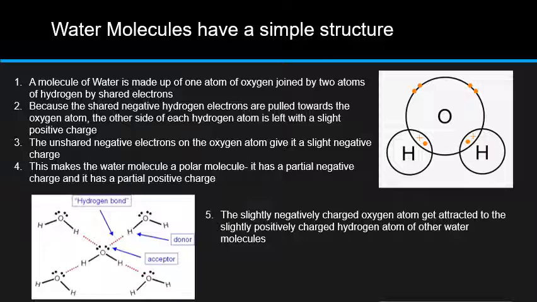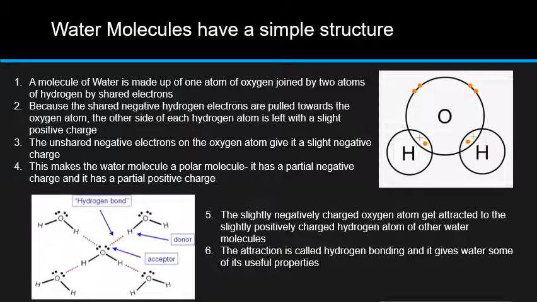The negative charge of the oxygen atom gets attracted to the partial positive charge of the hydrogen atom, and this bonding between the hydrogen and the oxygen is what we call hydrogen bonding, and it gives water some of its useful properties, which I'm going to go through in the next slide.